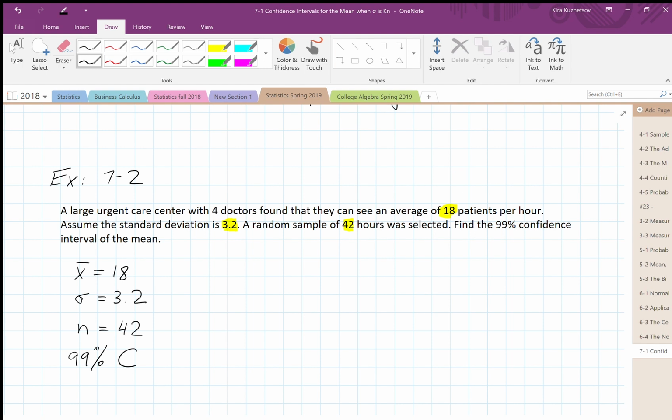So what I'm going to do is write down the steps on how to enter this in a calculator. You're going to push stat, over to tests, over to z-interval.